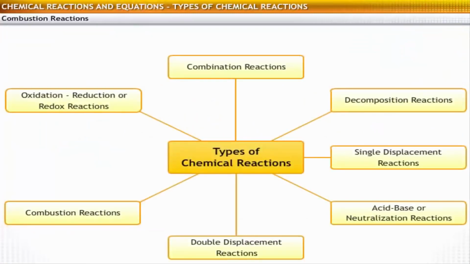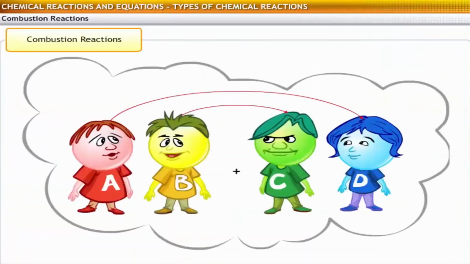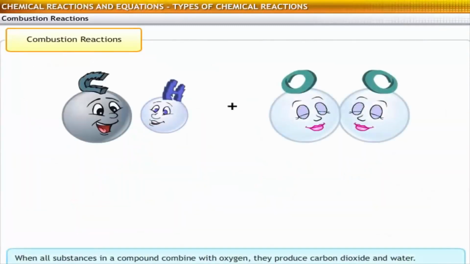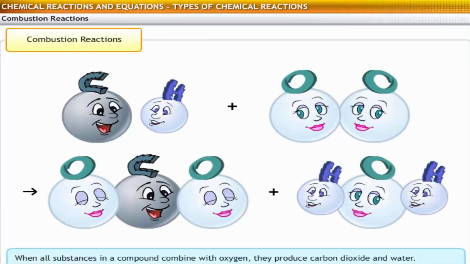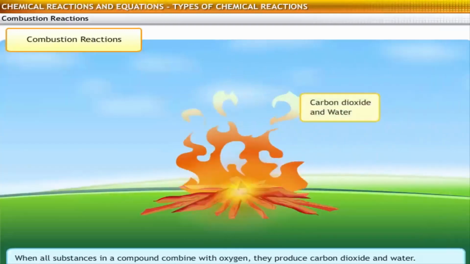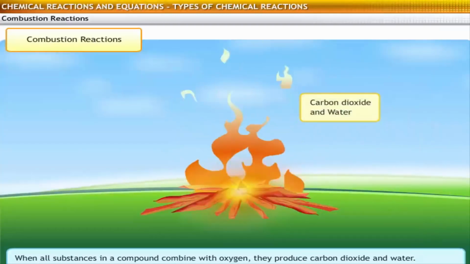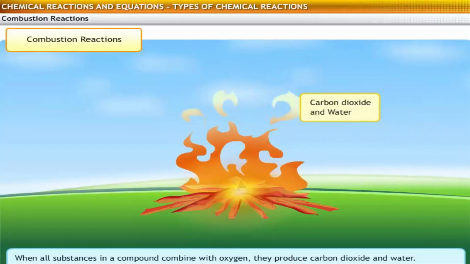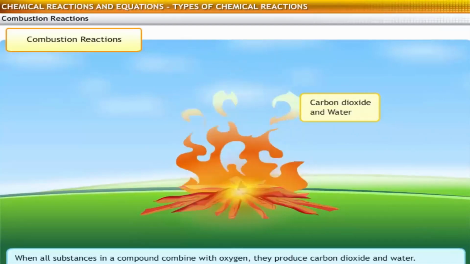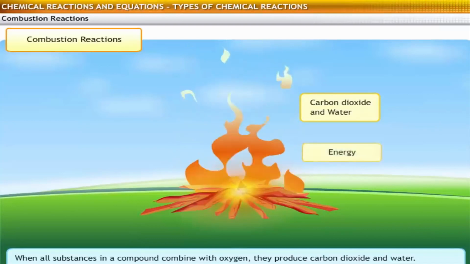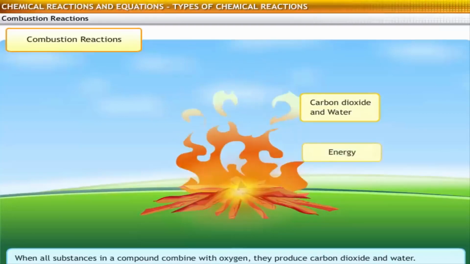As you saw, in double displacement reactions, compounds exchange ions. However, in a combustion reaction, there is no exchange. In a combustion reaction, when all elements in a carbon compound combine with oxygen, they produce carbon dioxide and water. Thus, combustion reaction is the burning of a substance in the presence of oxygen, resulting in the release of energy, carbon dioxide, and water.